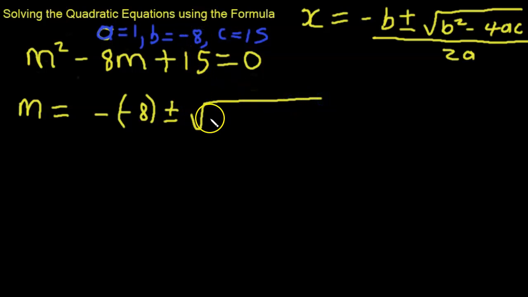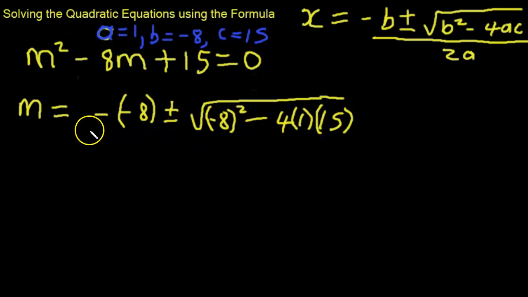Now b is negative 8, so it's negative 8 squared, minus 4 times a, which is 1, times c, which is what, 15, and everything on the right hand side upon 2 times a, so 2 times 1.